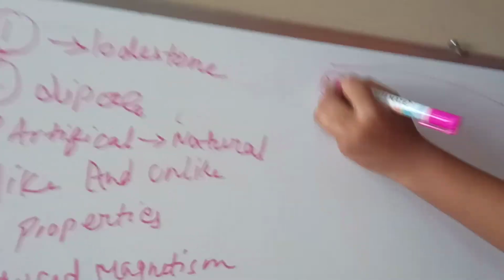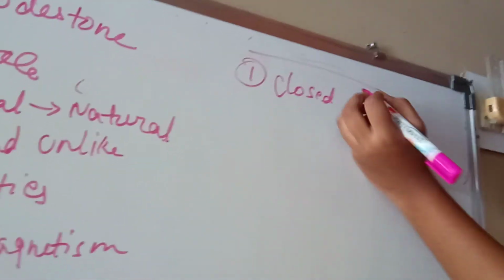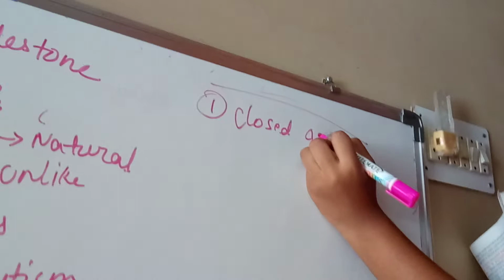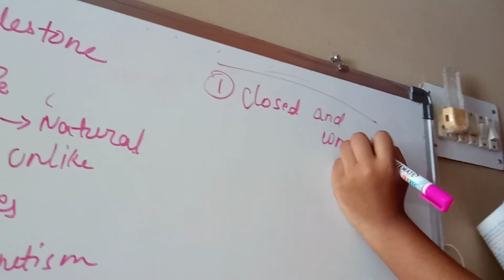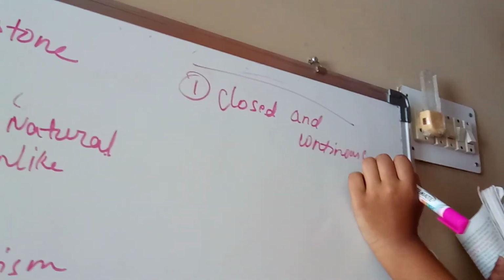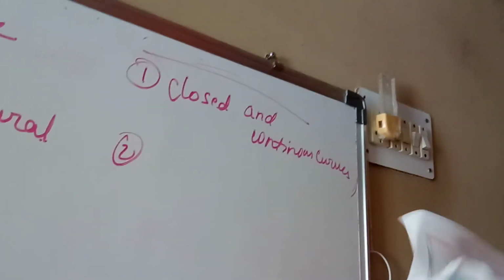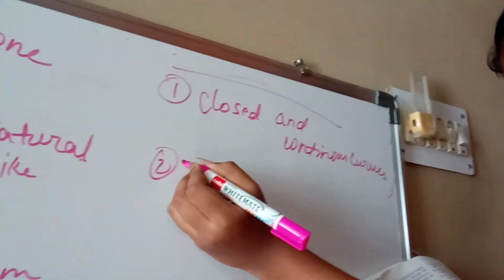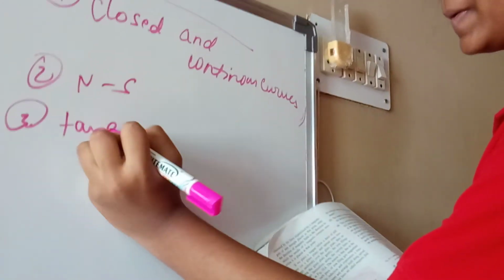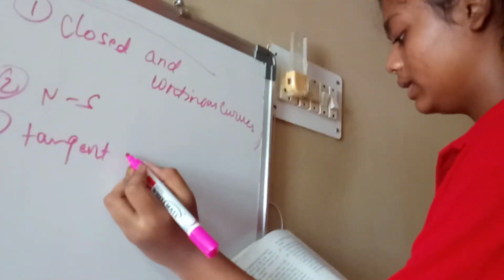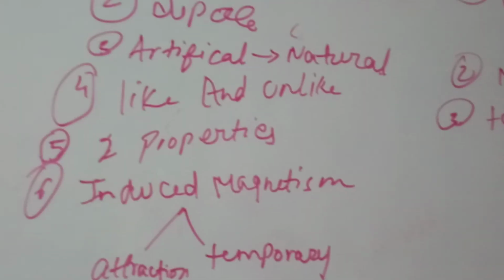Now, the 7 properties. First one, closed. Second, they are directed from north to south. Third, the tangent at any point gives the direction.